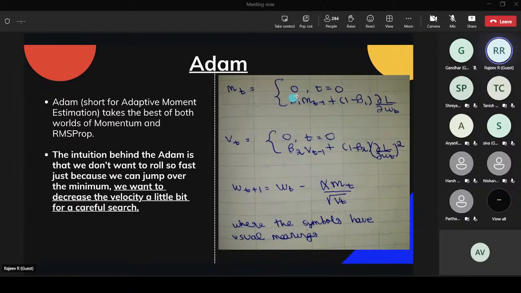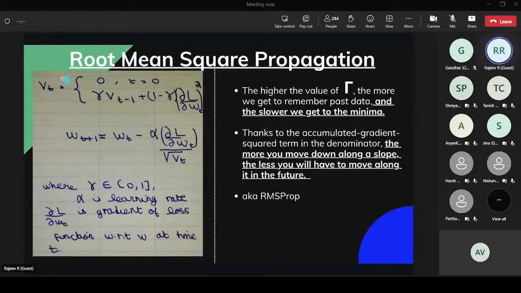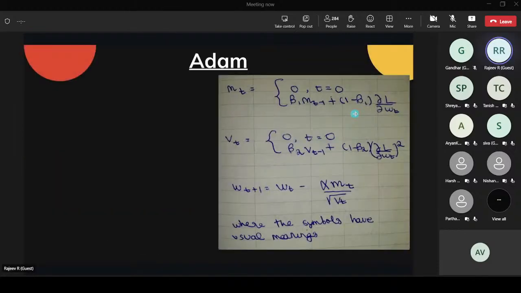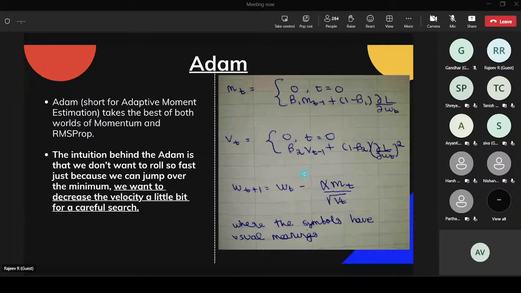You have the decayed sum of gradients and also the decayed sum of gradient squared, which we saw in our previous RMS prop formula. It just takes the same formula of RMS prop and also multiplies the change in weight by your decayed sum of gradients.